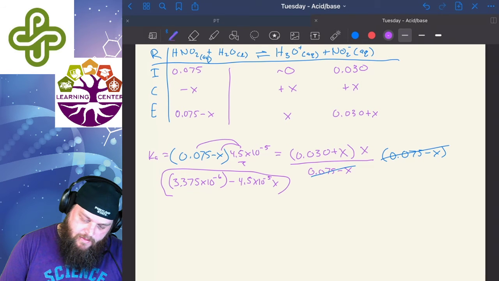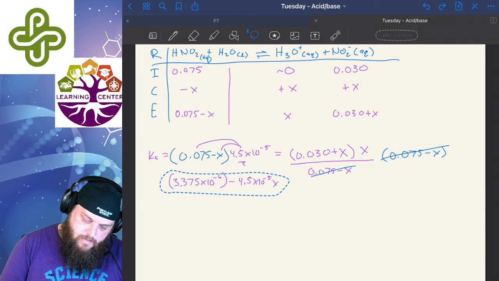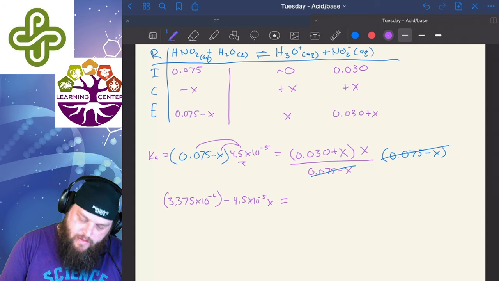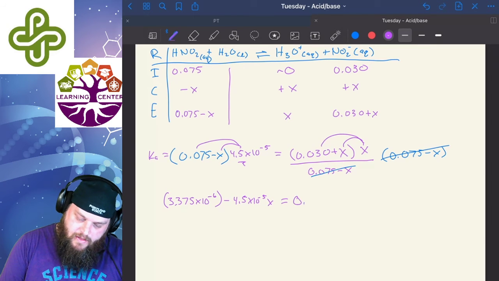Scoot that down a little bit. Ooh, should have had a lasso. There we are. And that's going to equal now this, again, distributing this x into each of these as well. That's 0.030x plus x squared.